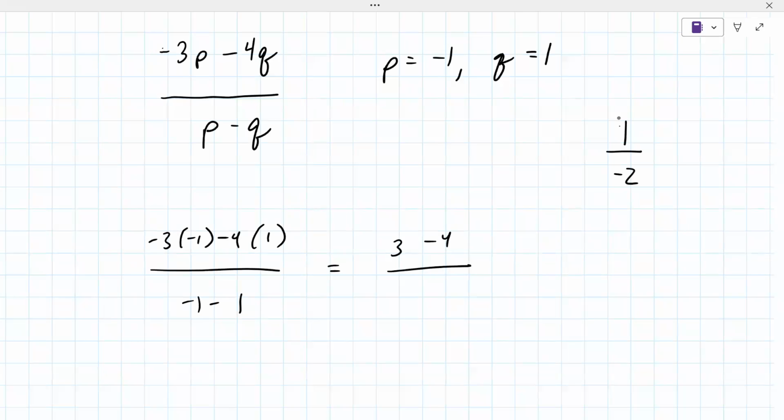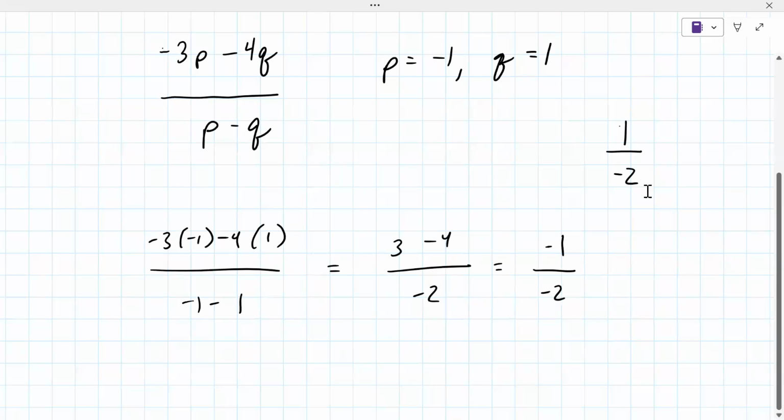And by the way, there's a small error in your calculation. Let's see. 3 minus 4. Oh, this is a negative. Well, can I just write a negative for both or a negative as the whole thing?